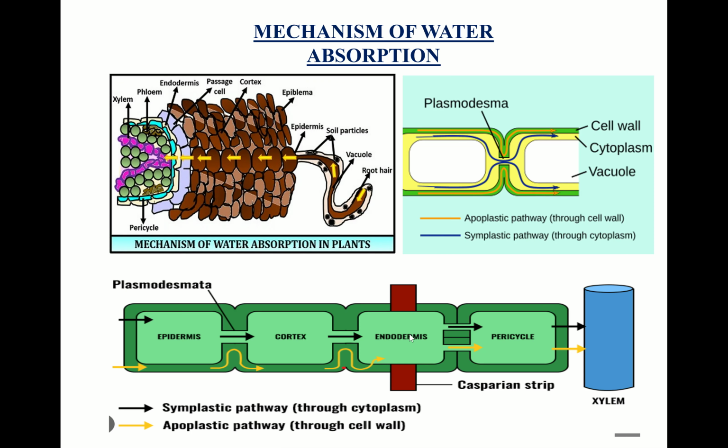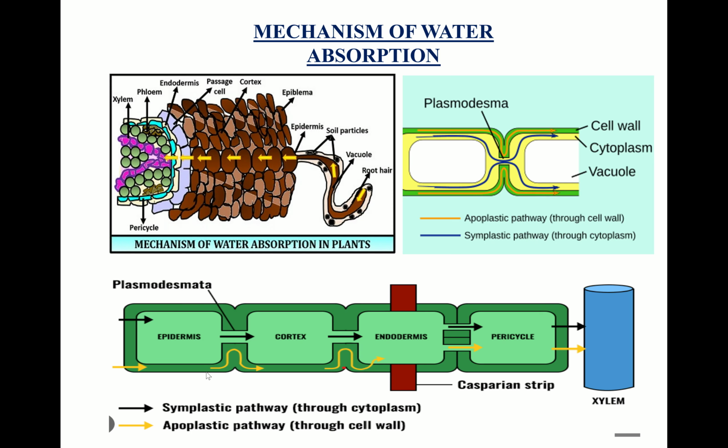In the endodermis there are some waxy substances present called suberin, and that makes up a strip called the Casparian strip. But the speciality of this Casparian strip is that it will not allow the water to pass through. Okay.